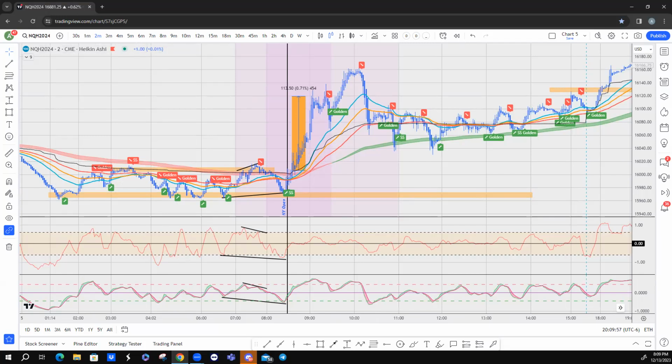And you could do a split screen and do a comparison on how the standard candles look versus Heikin-Ashi candles.